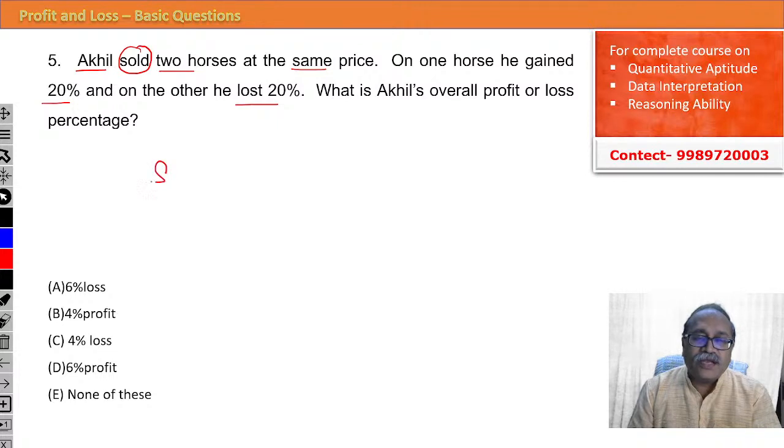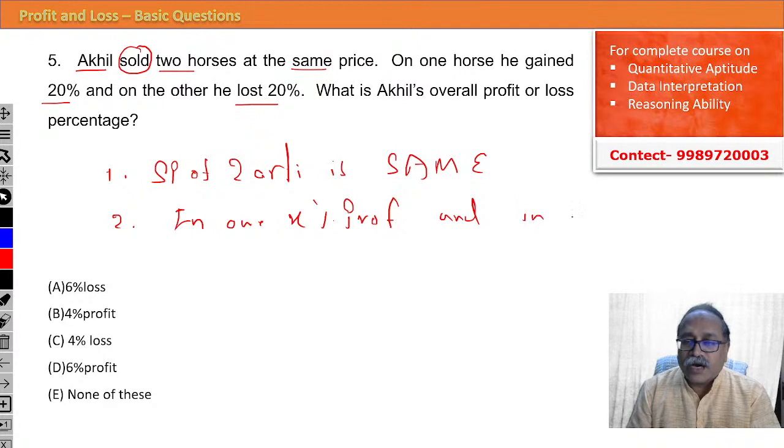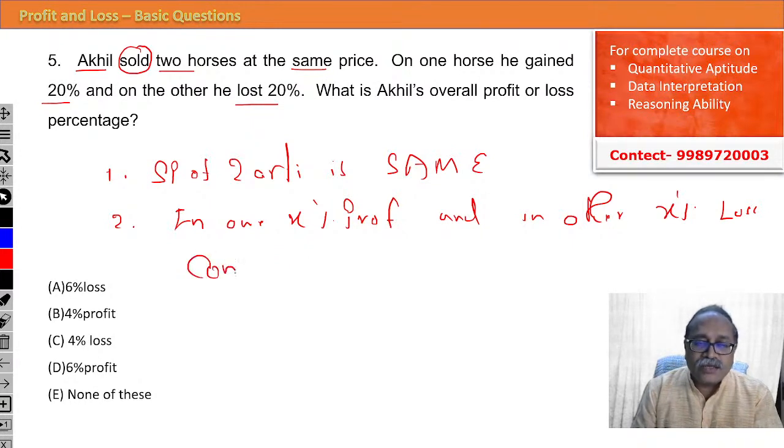If the selling price SP of 2 articles is the same, this is condition 1, and condition 2, in one X% profit and in the other X% loss, then the conclusion is always loss.